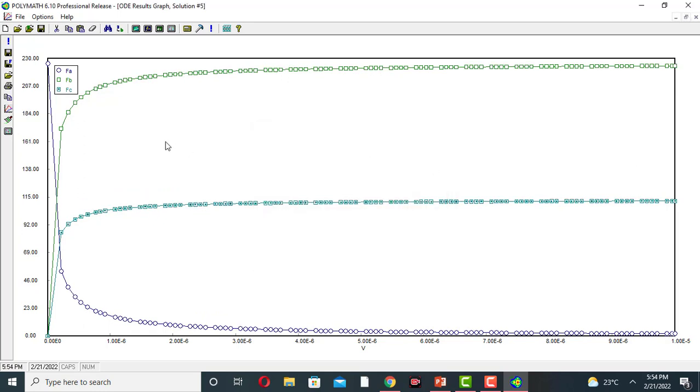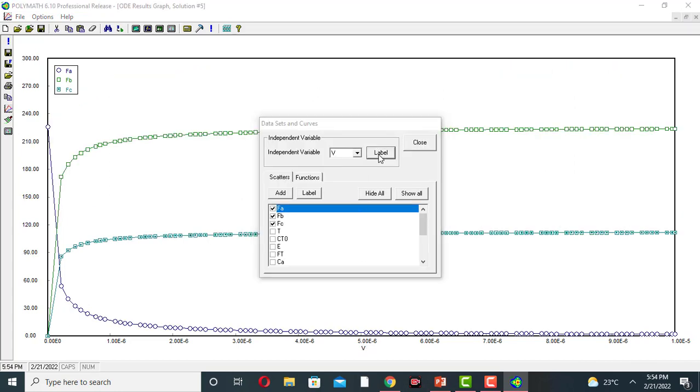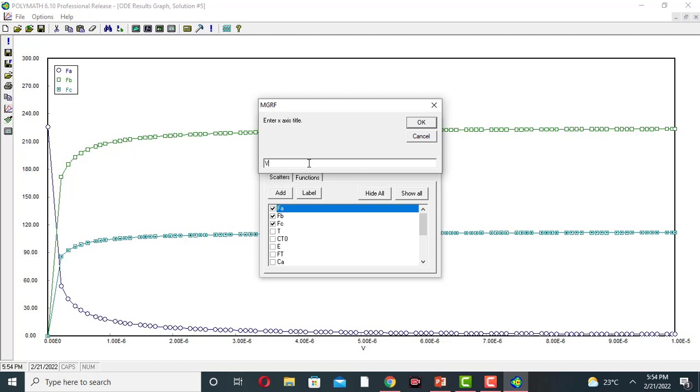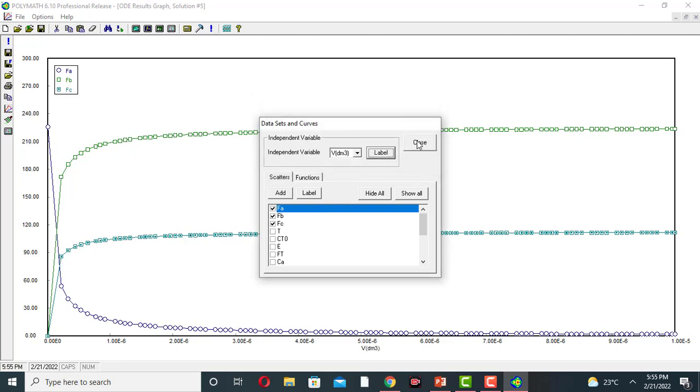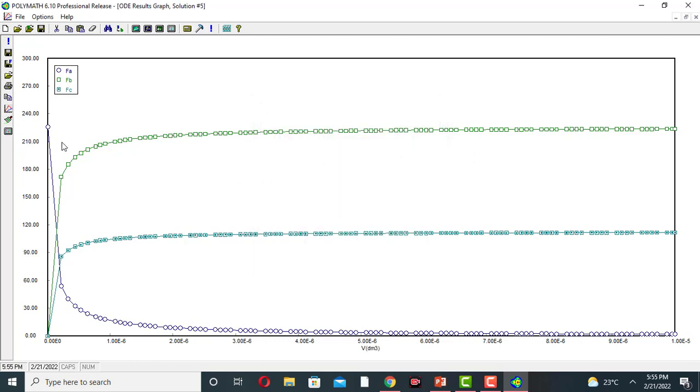So this is the relation: the FA value decreases with reactor volume. This is 10 to the power minus 5 dm cube. Okay, close. So this graph shows the relation between FA and volume of reactor, FB and volume of reactor, and FC and volume of reactor.